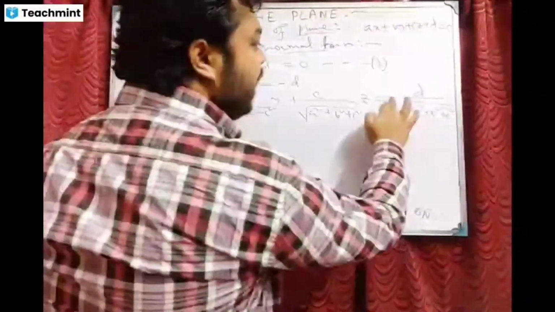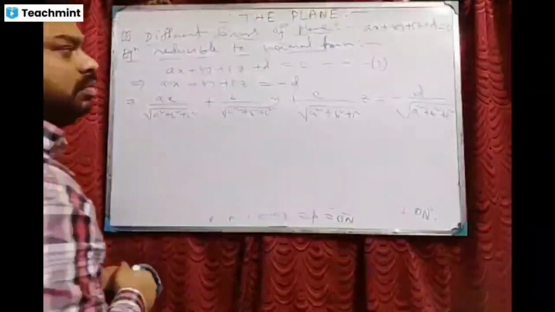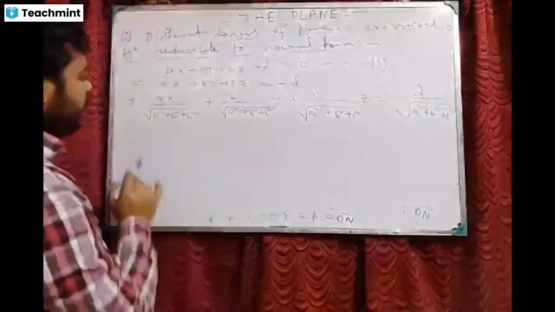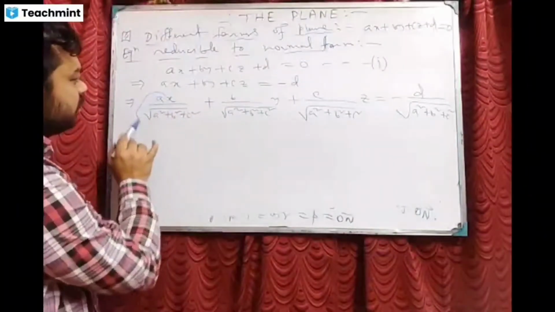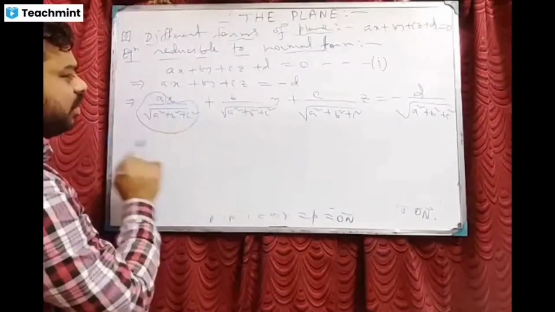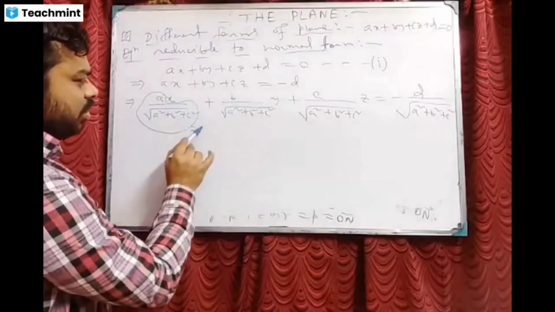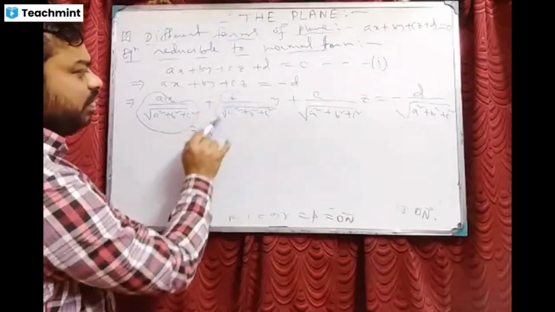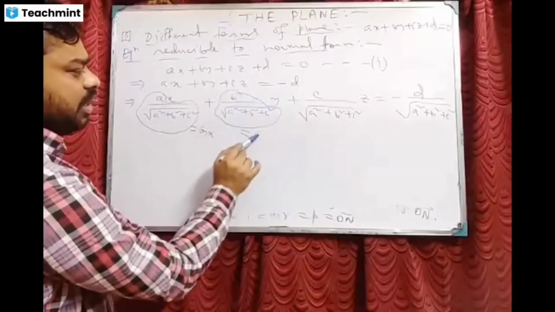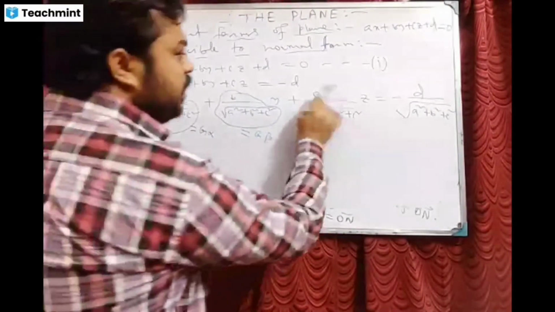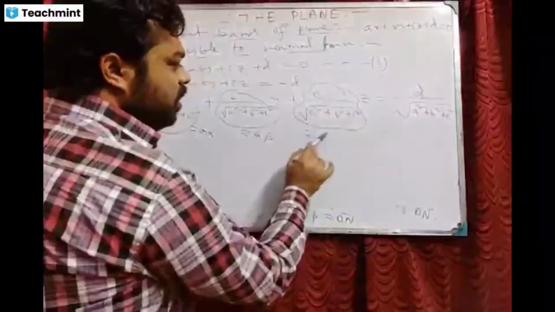So here we see that this is minus of d by this. So if you take this as cos alpha, this as cos beta, and this as cos gamma.